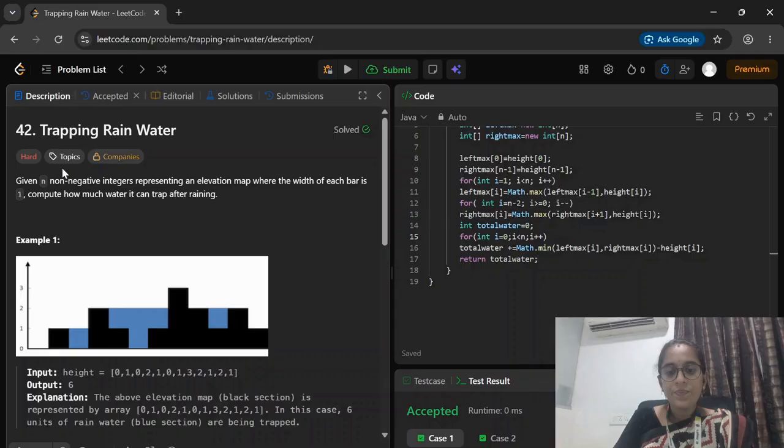We can even optimize the problem to better than order of n, and try to solve it in minimum time. So we have different solutions for the given problem. Thank you.